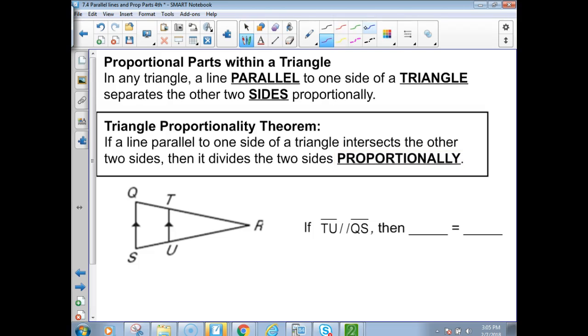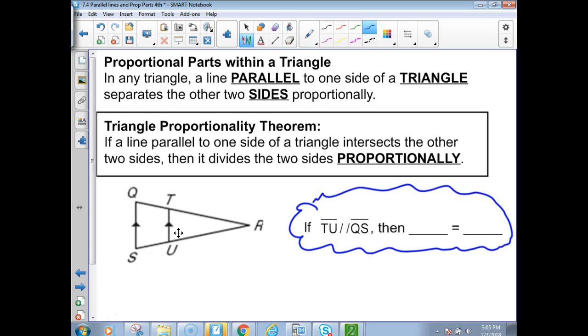You might want to add this onto your page. You have this picture. And if T is parallel to QS, what we wrote in our ISN was then QT is to TR as SU is to UR.